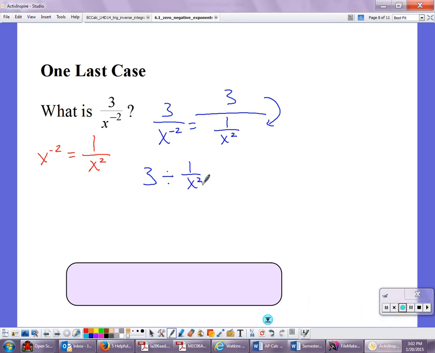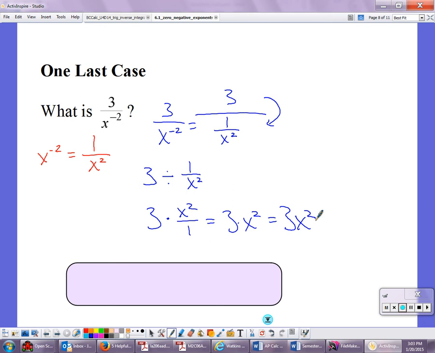Now, I don't know if you guys remember the rules for dividing fractions. When you divide a fraction, you multiply by the reciprocal. So this is the same as 3 times x squared over 1. Well, x squared over 1 is just x squared, so 3 times x squared, or as we would usually write it, 3x squared. So what happened?